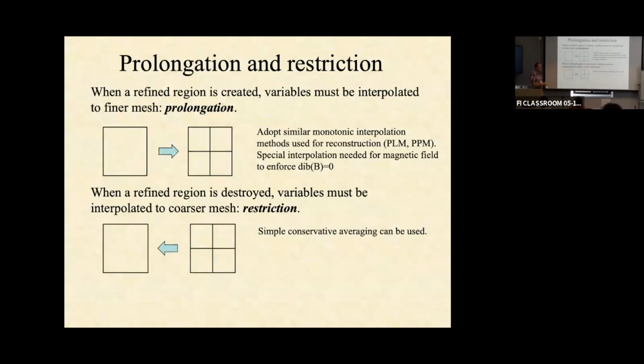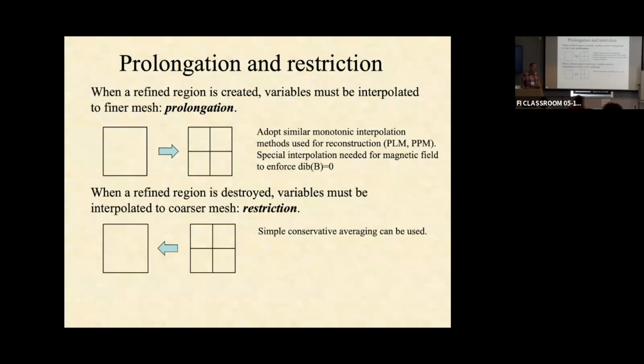Now, because of the conservation laws, that's easy because I just need to take the total amount of mass in these 4 cells divided by the volume of the new cell, and that's the new volume average density that I'm going to store in the cell center. Similarly for the momentum and energy, and so conservative averaging makes this step local. I don't need any ghost cells, and it's sort of easy to do it this way.